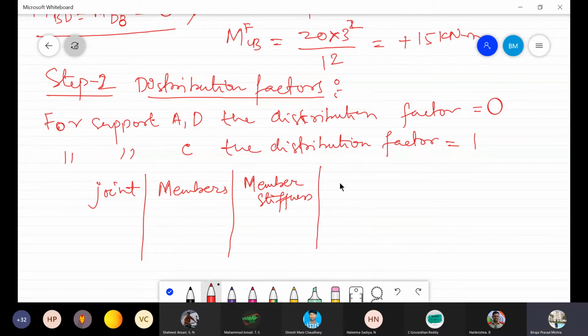Next one will be total stiffness. And the next one will be distribution factor.